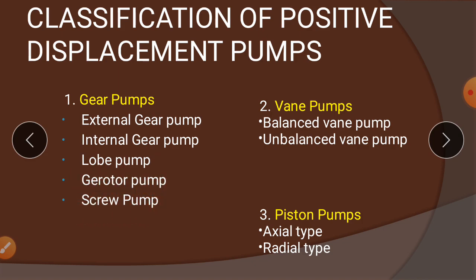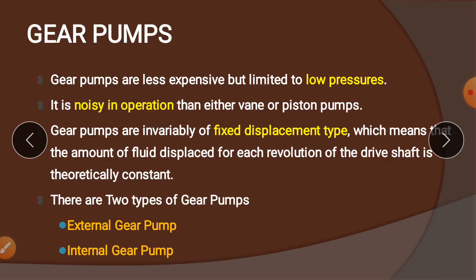In the vane pump section, we will find the balanced vane pump and the unbalanced vane pump. Next, in the piston pumps, we will find the axial type and radial type. So like that, we have made the classifications of positive displacement pumps. We will discuss them one by one.